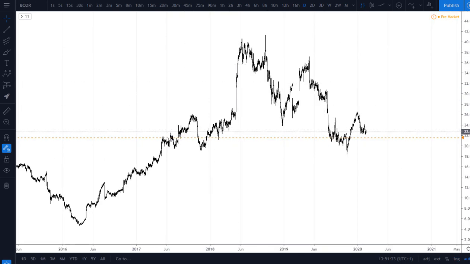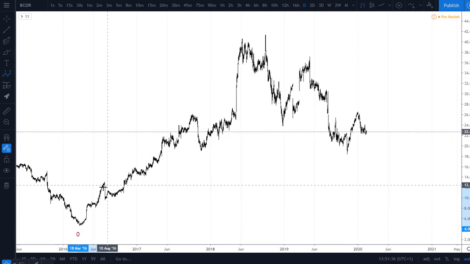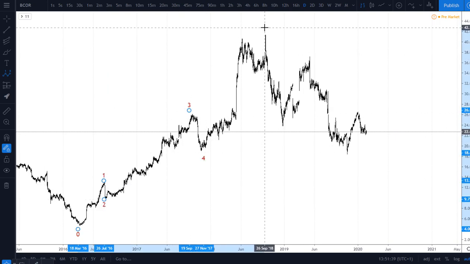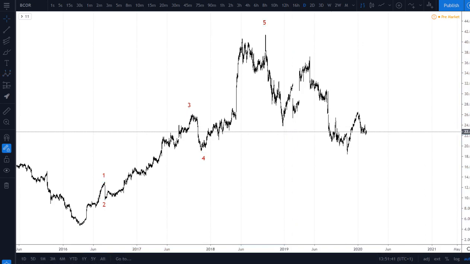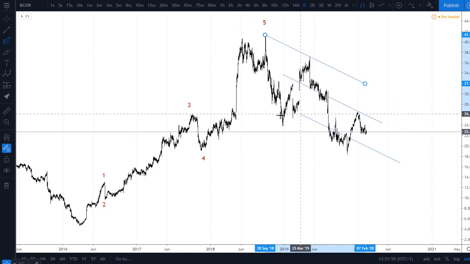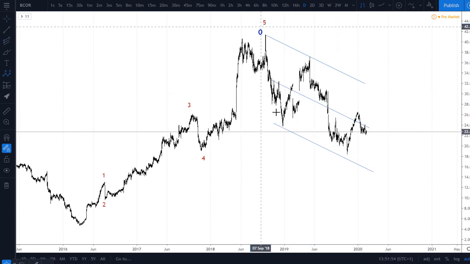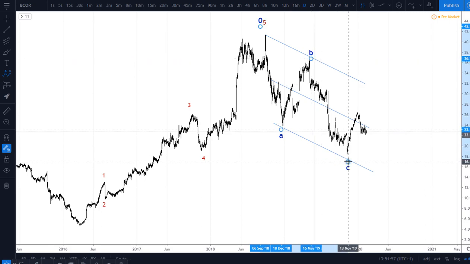And of course, you can find this type of pattern in stocks as well, not only in crypto. So this is BCOR. We have 5 waves up, a very clean 5-wave, 1, 2, 3, 4, 5 in 5 here, and then a typical 3-wave decline, ABC contained within parallel lines, right?